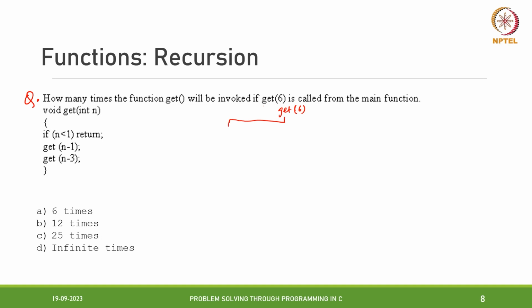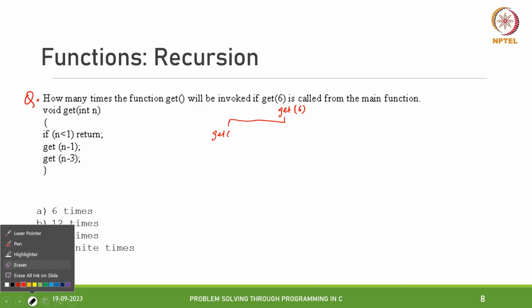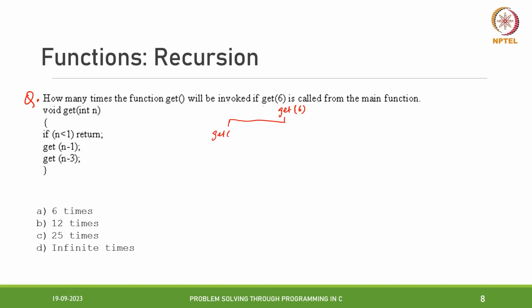When we call get of 6, it does not satisfy this condition, so it will call get of 5 and then get of 3, but we'll look at get of 5 because that is what gets called first. Forget about the second part right now; we are only looking at get of n minus 1.